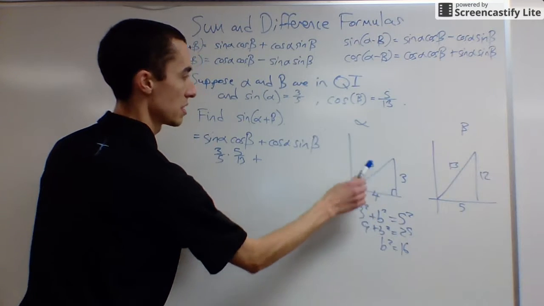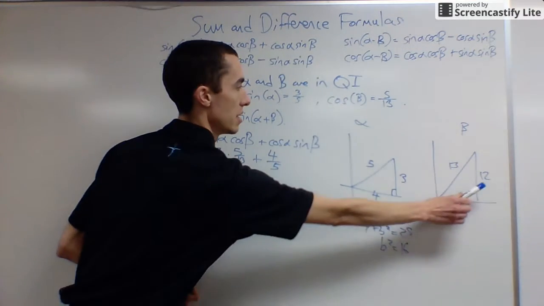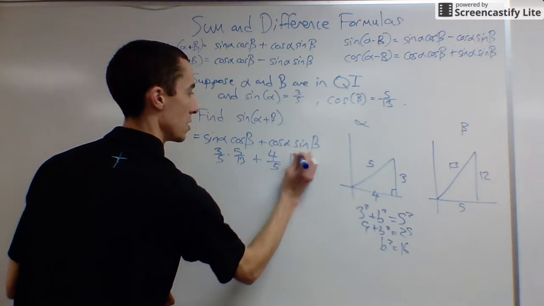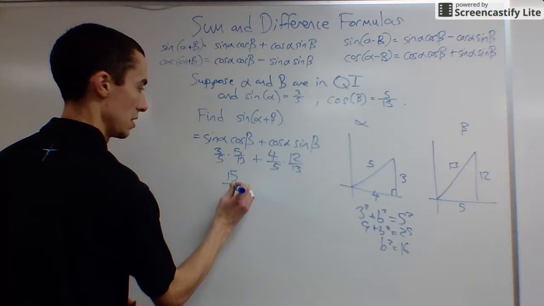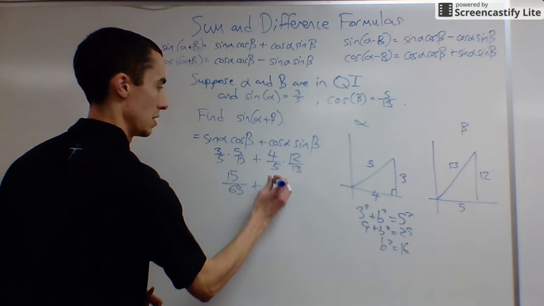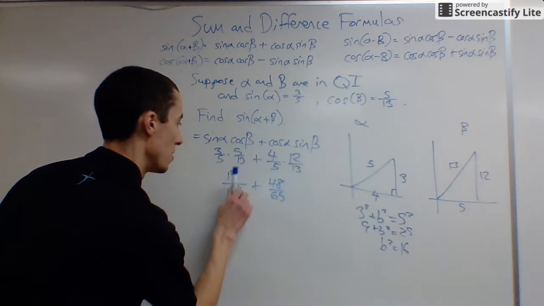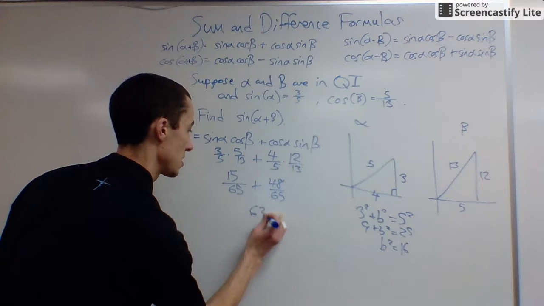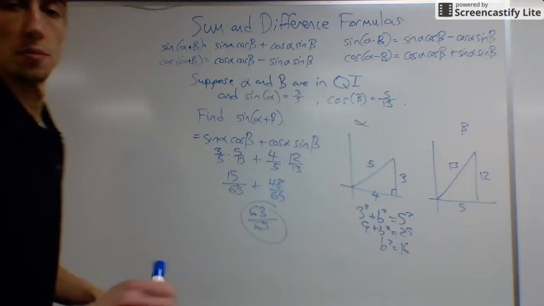Cosine of alpha is 4/5. And the sine of beta is 12/13. Multiply our two fractions, and then add them together. 15 plus 48 is 63. You have 63/65.